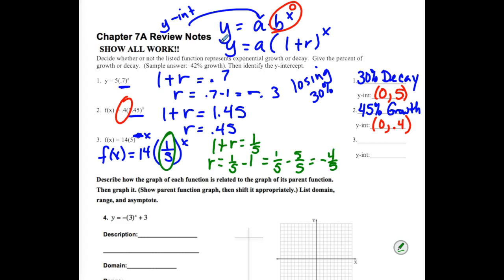And because it's a negative, we are decaying. 4/5 is the same as 0.8. So we have an 80% decay. All right, and then looking at our y-intercept again, our a value is 14, so we are intercepting the y-axis at the point (0, 14).